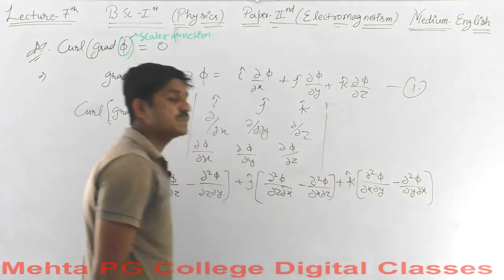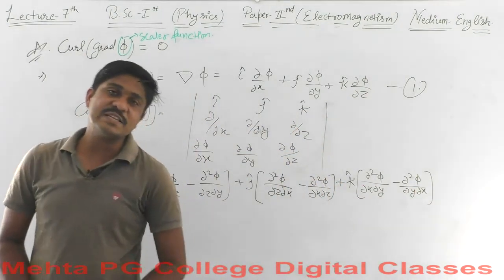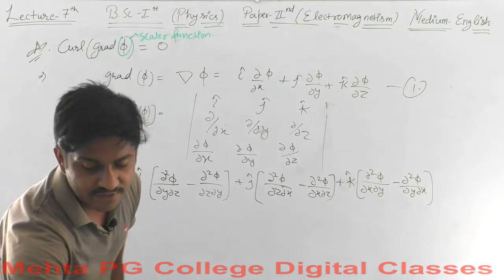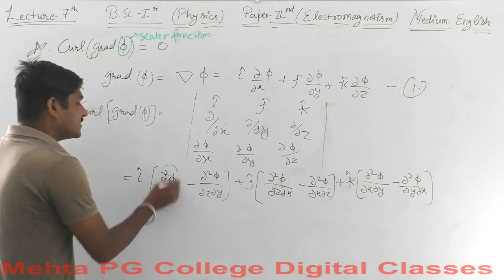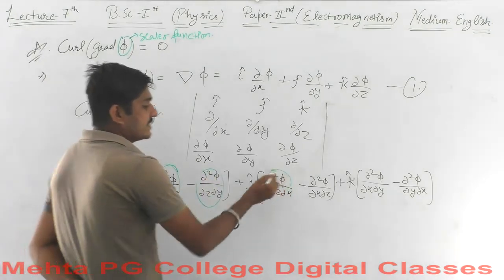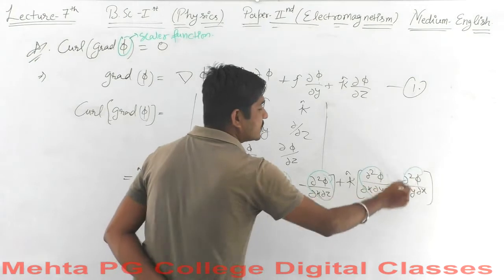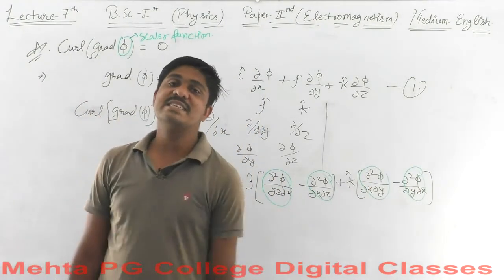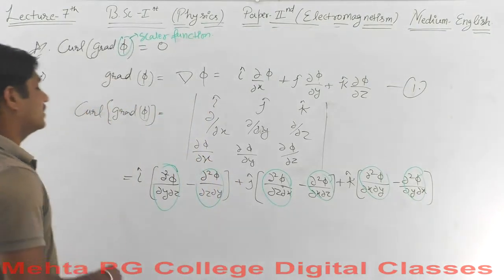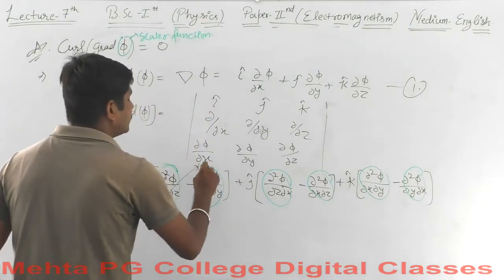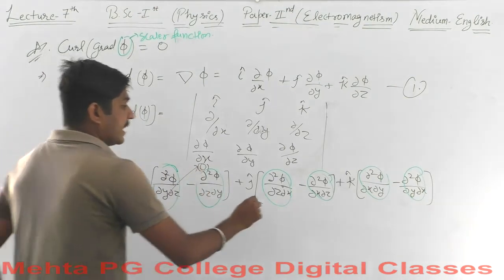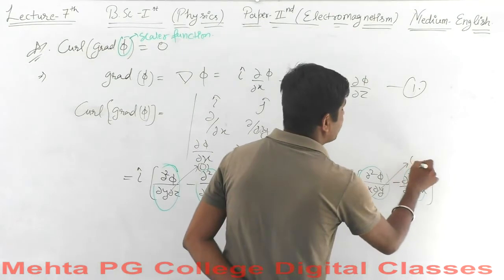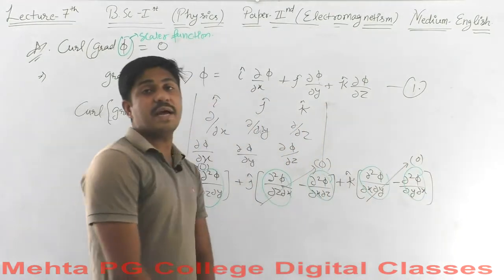So now if you can see, all these functions are identical: this function is equal to this one, and this one equals this. So all of these quantities will approach 0, this will approach 0, this one also, and this one will also approach 0.